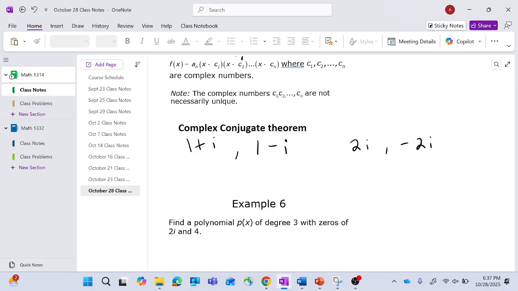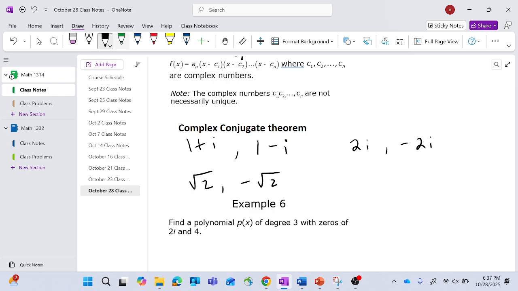And this actually does go into square roots too. So if the square root of 2 is a solution, negative square root of 2 is a solution. That's pretty much what this theorem is saying, is that they come in pairs. Pretty much anything with a square root comes in pairs, right? i is still technically the square root of negative 1. So if you have a square root, it comes in pairs. 1 plus i, 1 minus i. 2i, negative 2i.